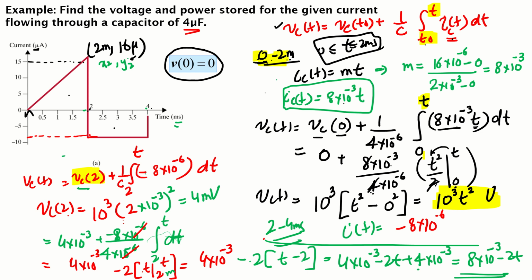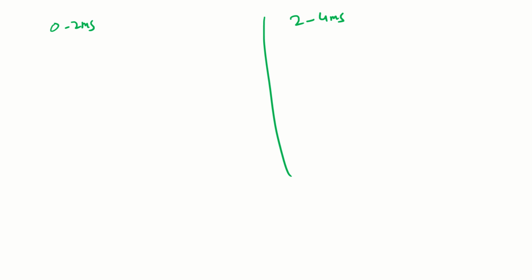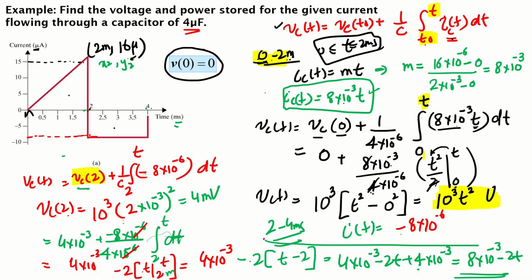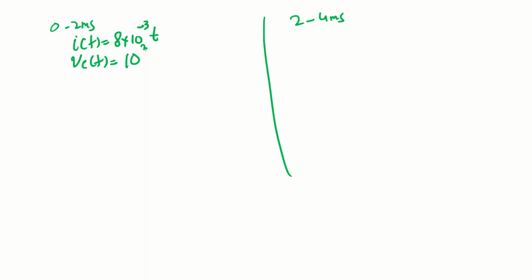From 0 to 2 milliseconds, the current expression is 8 times 10 power minus 3 t, and the voltage is 10 power 3 times t square.